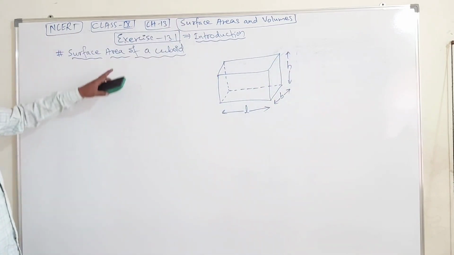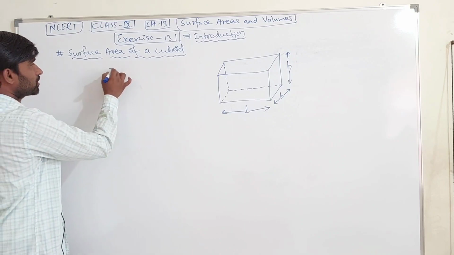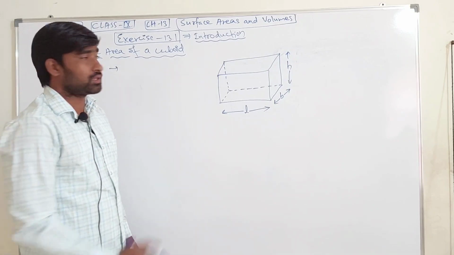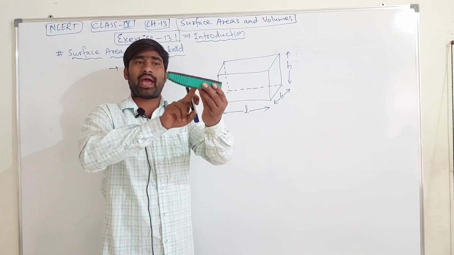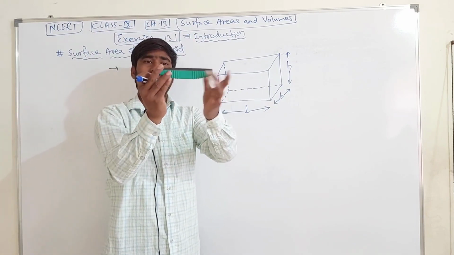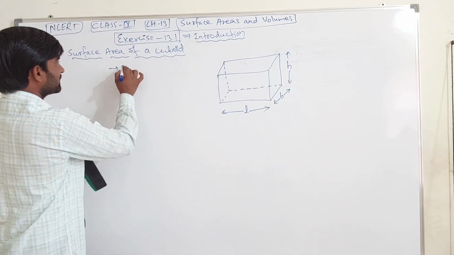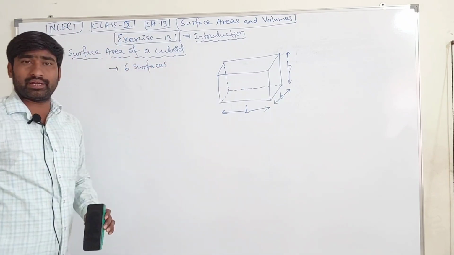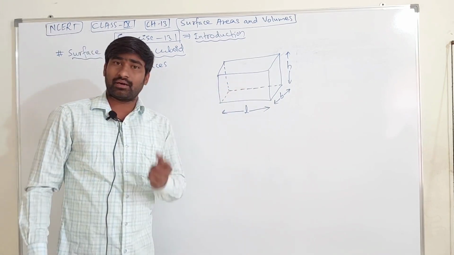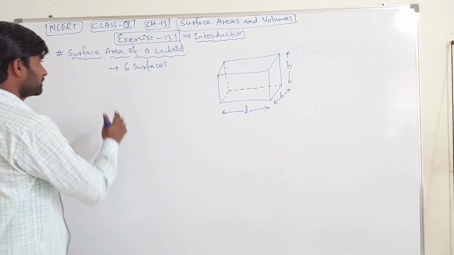So let us talk about the cuboid. Cuboid, total how many faces are there? Total 6 surfaces are there. One is the front, back, top, bottom, right and left. So total 6 surfaces, and each face is in the rectangle shape.